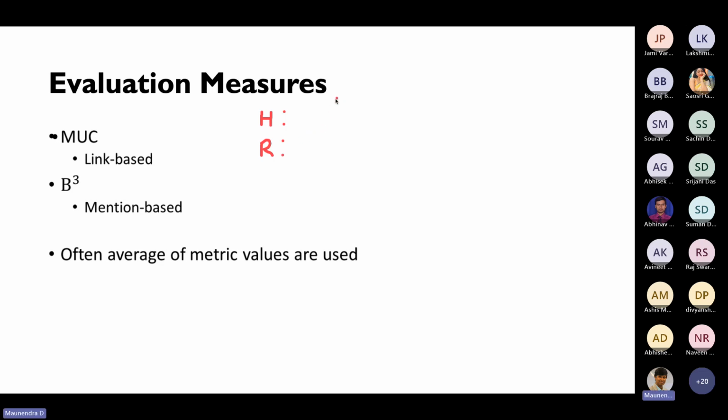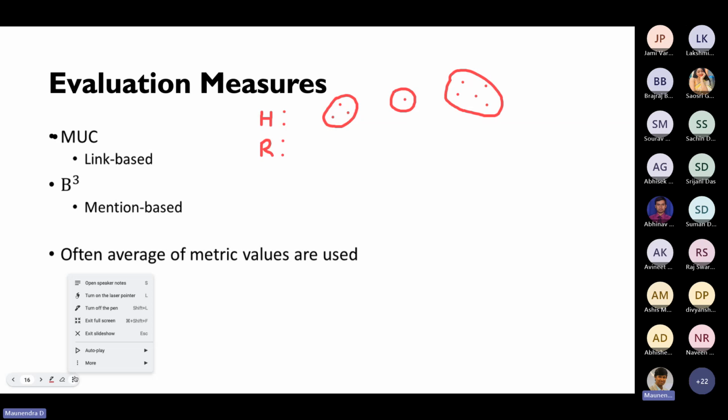Suppose it has three clusters, H1, H2, and H3. Inside H1, there are three phrases. Inside H2, there is one phrase. And inside H3, there are five.